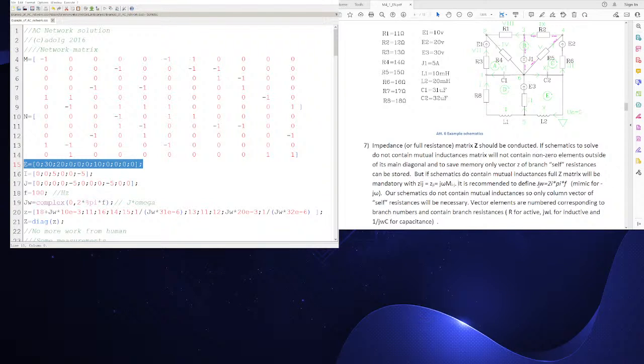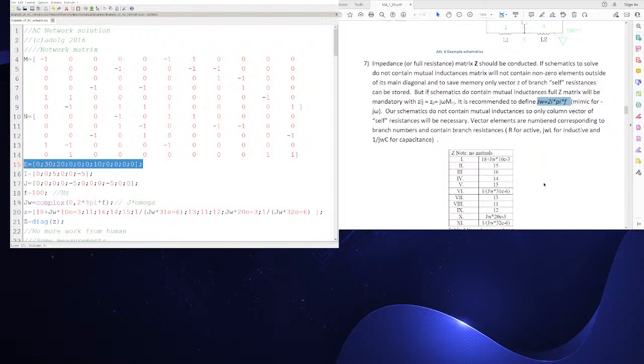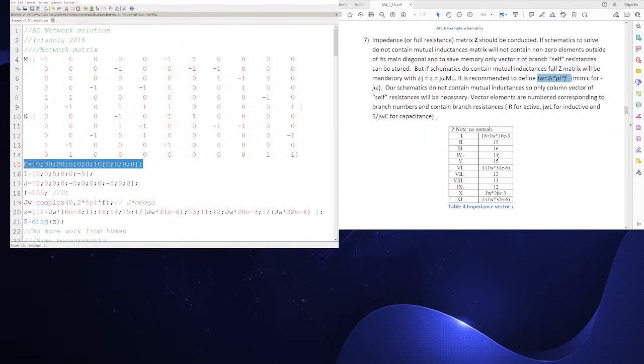It's preferable to define a constant j omega, square root of -1 multiplied by angular frequency, and write this way. So for capacitance, we write 1 over j omega C. For inductance, j omega L, and R for active resistance.